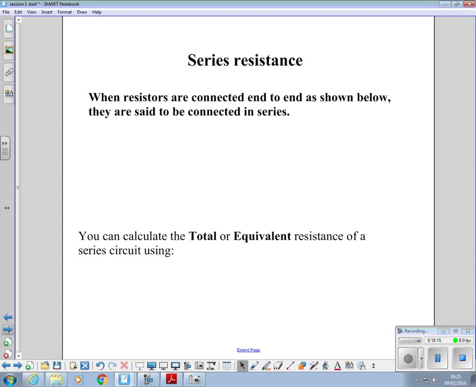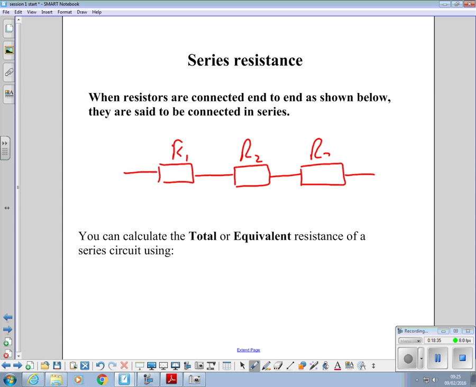Now, moving on a little bit further, series resistance. So when we connect resistors end to end, like so, R1, R2 and R3, we say they're connected in series. And the current, we have one current flows through all of them, a bit more about that later.